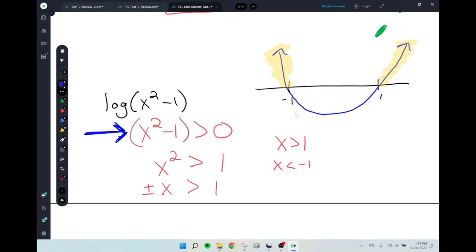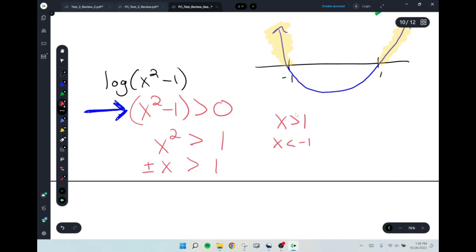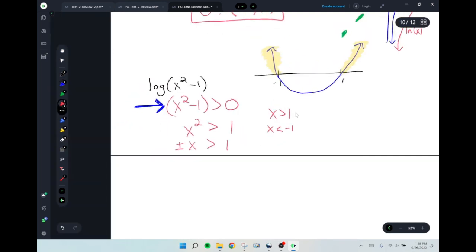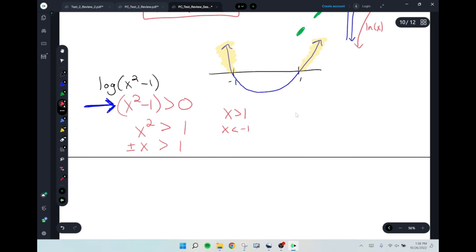So how do you know to put the plus or minus in front of the x and not on the right side? You could put it on the right side. You would just have to know when you do the negative 1 to flip the sign. If you were to do that, do your square root thing, you go x is greater than the square root of 1, x is greater than plus or minus 1.